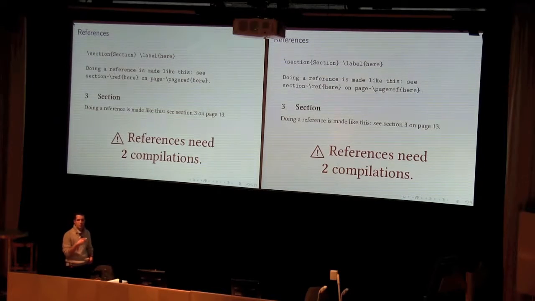So it outputs a question mark, and that's all. The second time, because it writes a lot of auxiliary files, which you can see when you open the directory with your source files, LaTeX now knows where the label is. So on the second compilation, it can write the right number here or here.